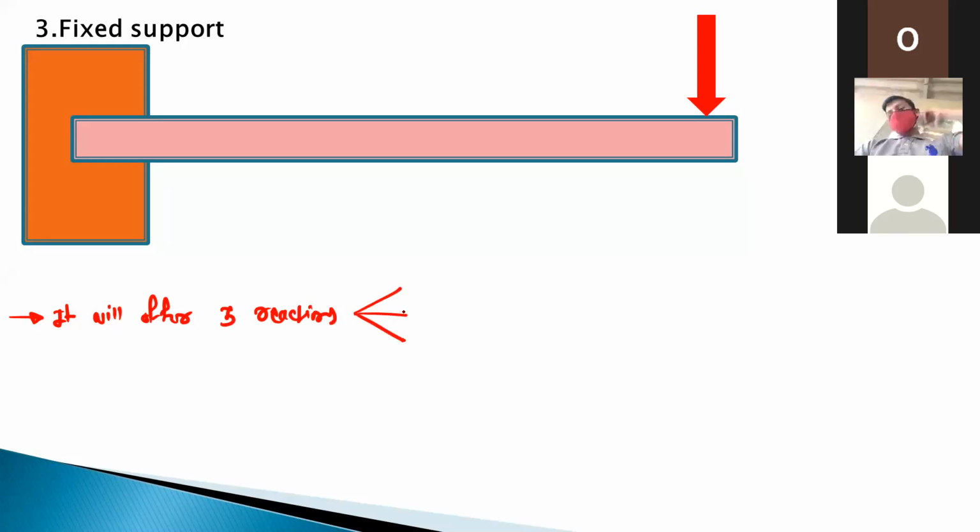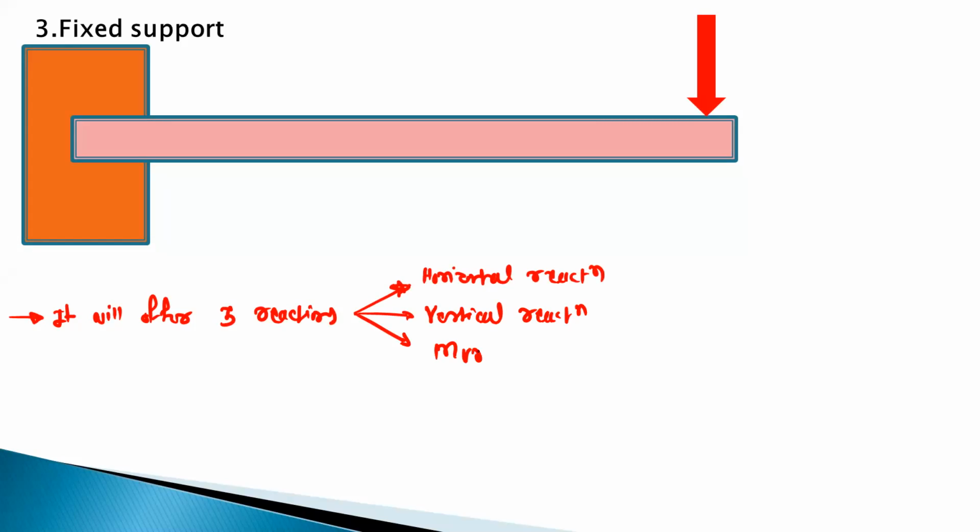In the three reactions, the first will be the horizontal reaction, then vertical reaction, and third reaction is the moment. Okay, so these are the three reactions offered by the fixed support.